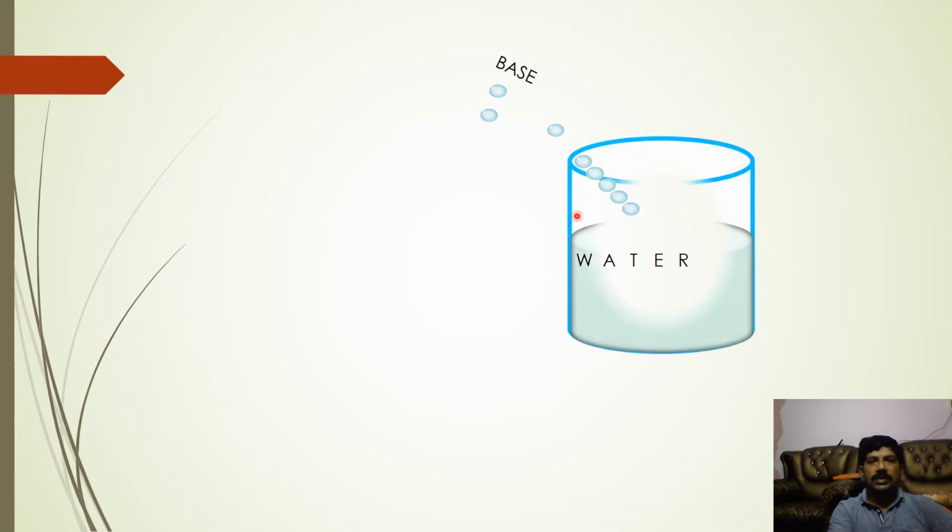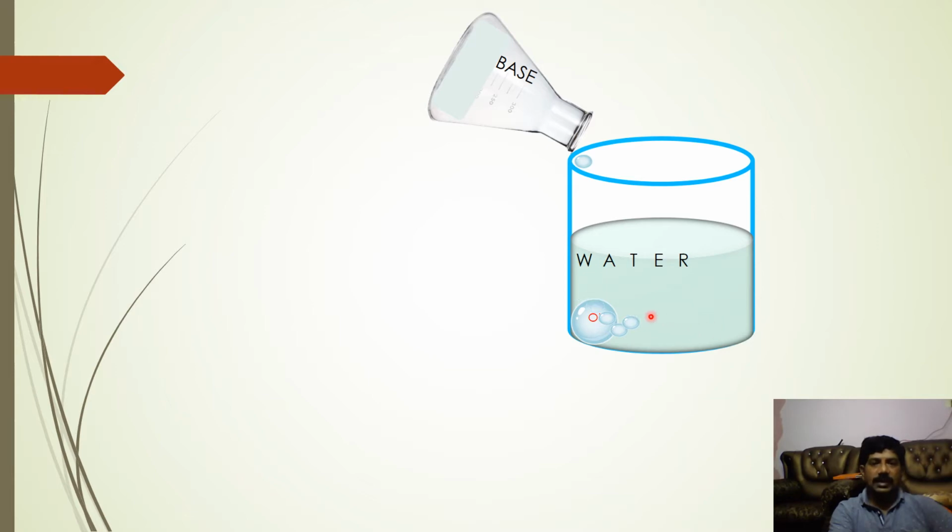You observe this animation. I have taken some water in a beaker. I am adding the base drop by drop. See, this base dissociates as OH minus ions. So, a substance which dissociates or gives OH minus ions in their aqueous solutions is considered as, what are they?